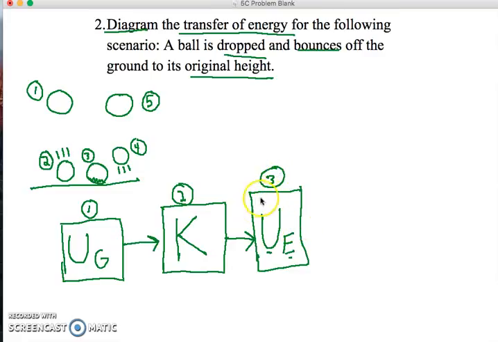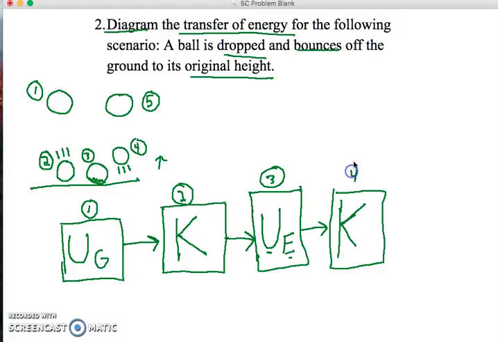Then it bounces up, so that elastic potential is converted back to kinetic because it's moving, but it hasn't gotten too far off the ground yet. Ultimately it reaches its original height, going back to gravitational potential because it's elevated off the ground.